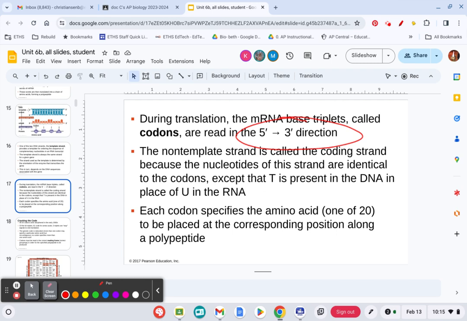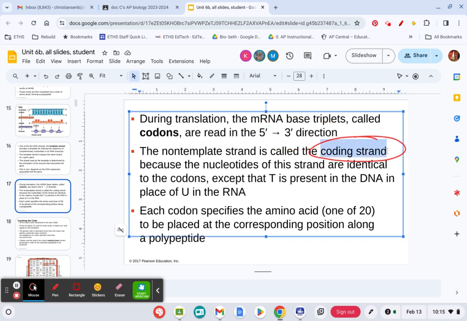The non-template strand, the one that mRNA is not reading off of, is called the coding strand. That would probably be better if that was bolded. Let's just bold it. There we go.